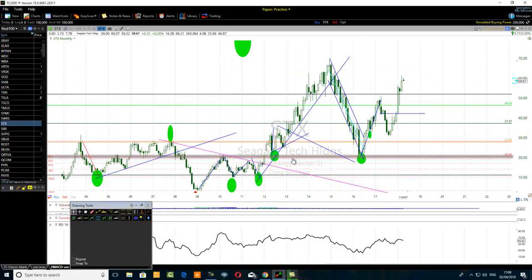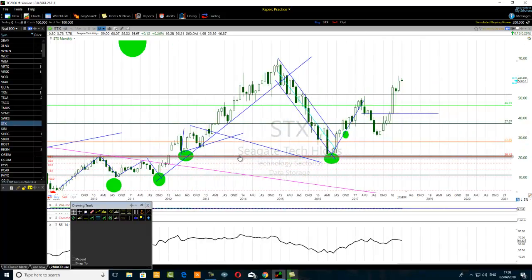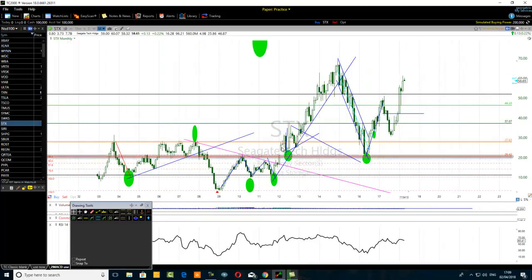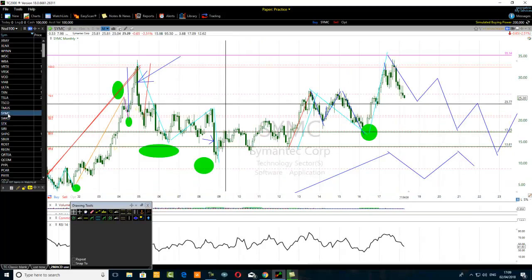The next stock, here it is, another stock that I have here, Seagate Technology Holdings. Seagate, you can see 2009 went up. Now it came down again. Now it's in the corrective phase. The correction is now completed. Is it going to be a round correction that we are seeing for Symantec?